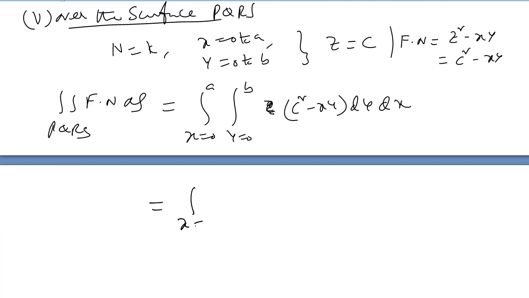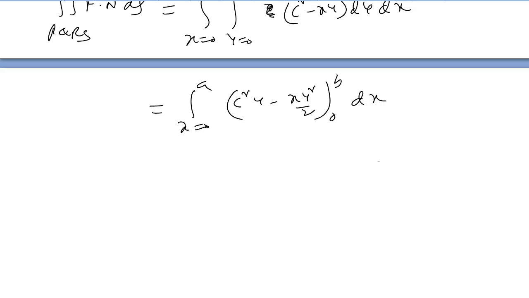X is 0 to a, c square y minus x y square by 2, 0 to b, dx. X is 0 to a, b c square minus b square x by 2 dx.